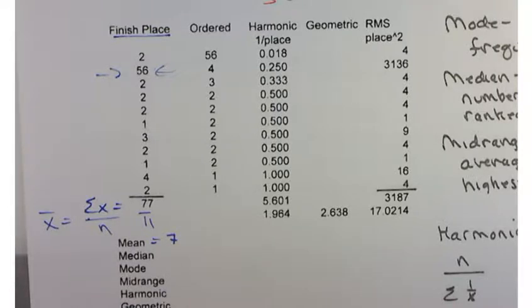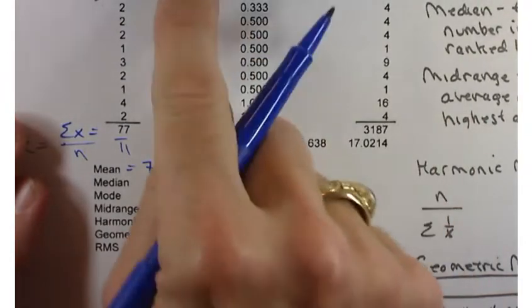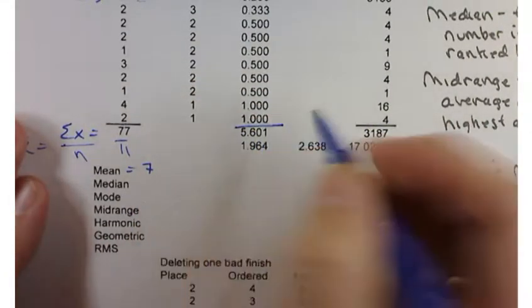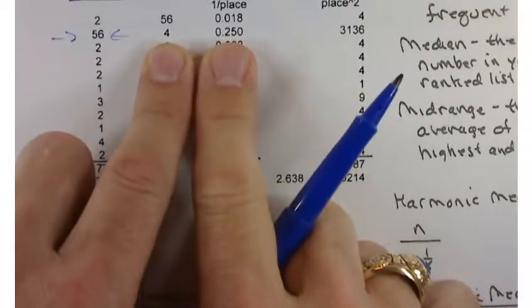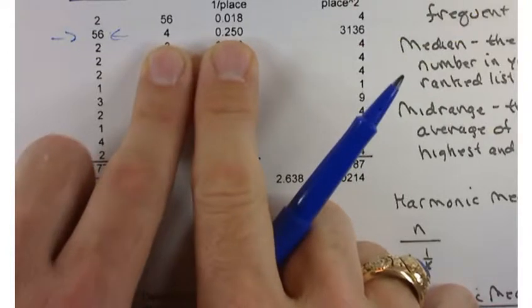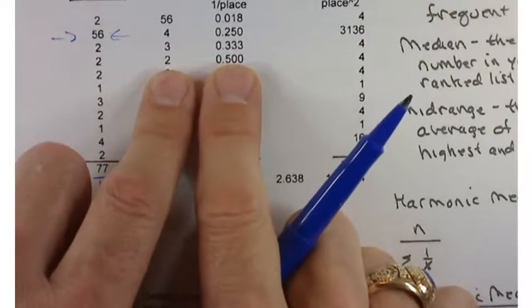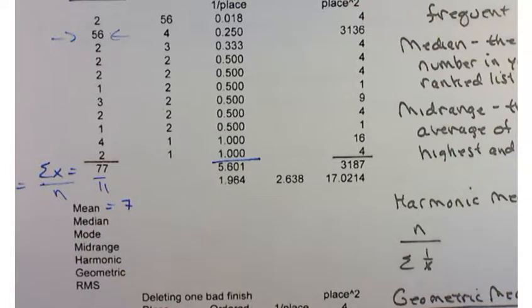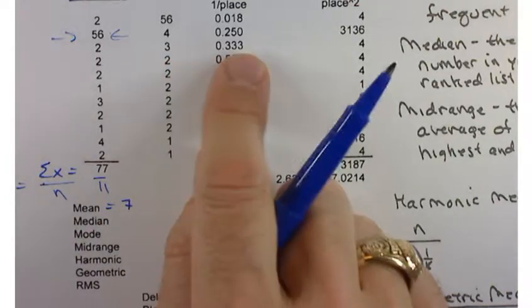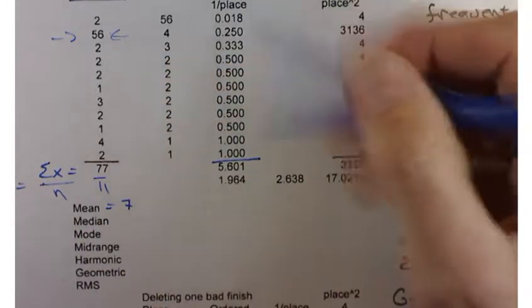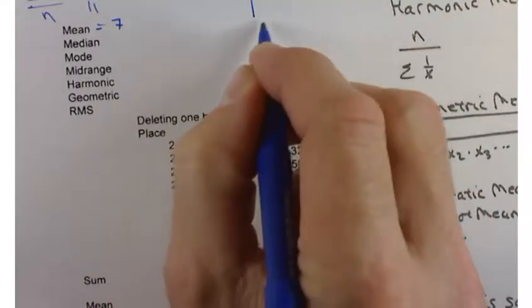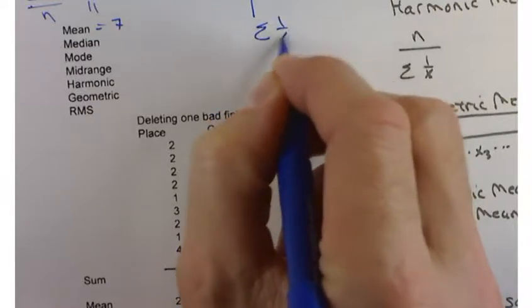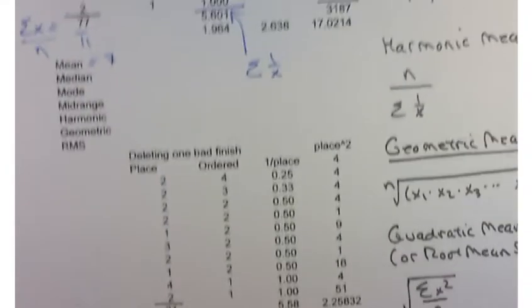The harmonic mean is calculated by first finding the reciprocal of all your data. So if I take the reciprocal of 4, it's 1/4, so I get 0.25. The reciprocal of 3 is 1/3, etc. If you add these up, that's going to give you the sum of 1 over x.